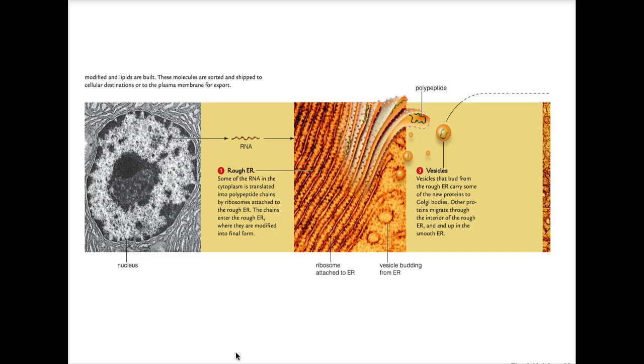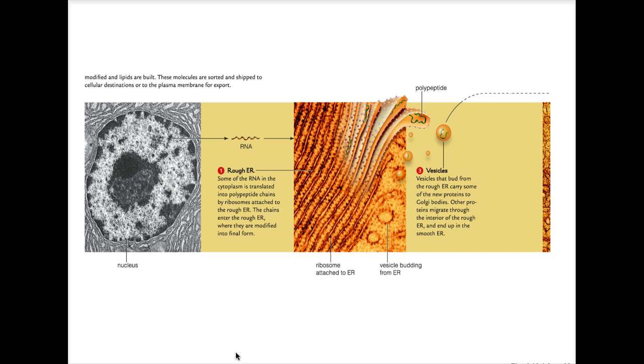So here we see a more detailed view of that pathway. From the nucleus, from our DNA through the process of transcription, we make RNA. The RNA leaves the nucleus and goes into the cytoplasm. And in the cytoplasm, we have ribosomes. Some of those ribosomes are associated with the endoplasmic reticulum.